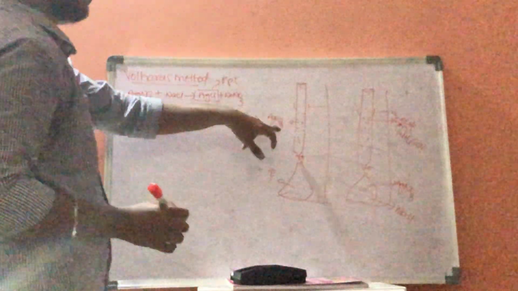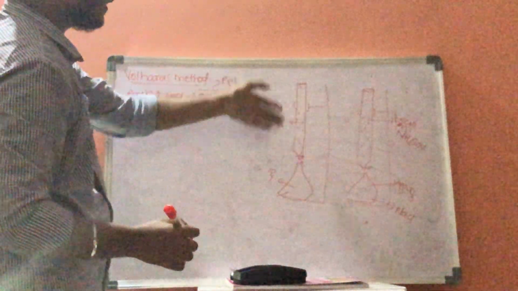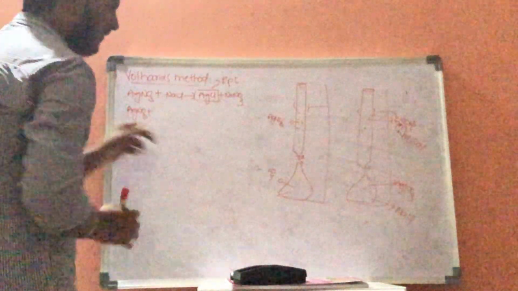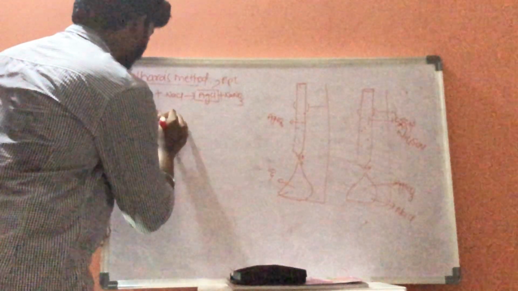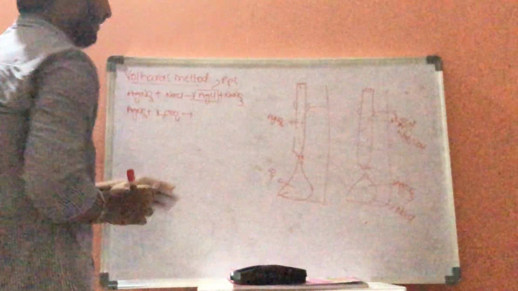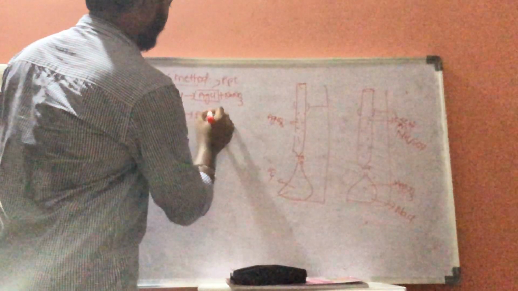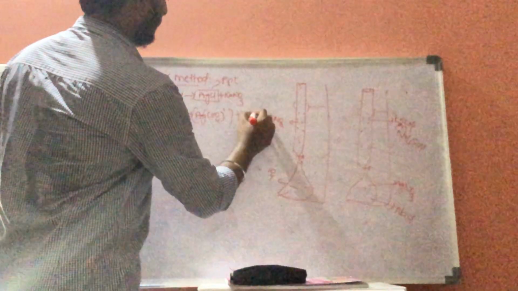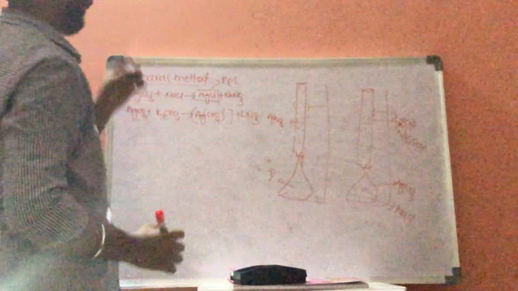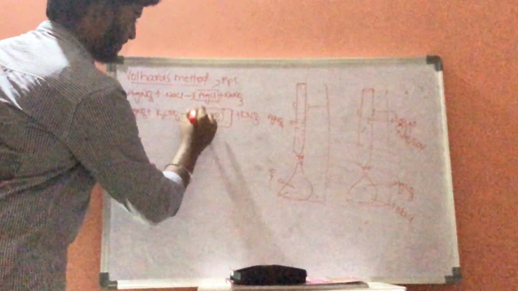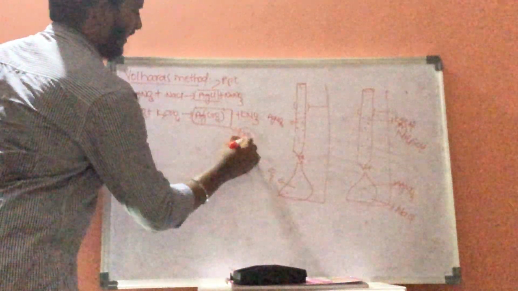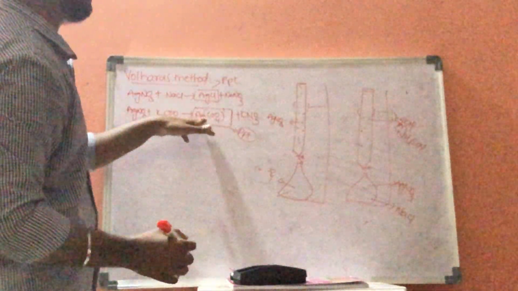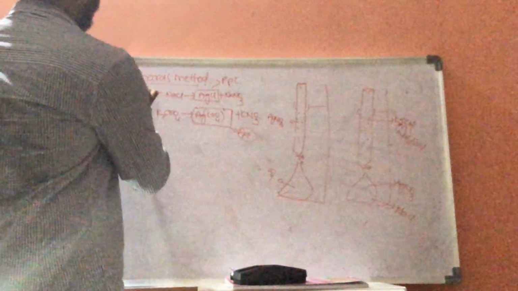Now the remaining silver nitrate will react with the indicator, potassium chromate, to form Ag2CrO4 plus KNO3, and it is also a precipitate. It involves the formation of two precipitates, AgCl and Ag2CrO4. This is the first step.